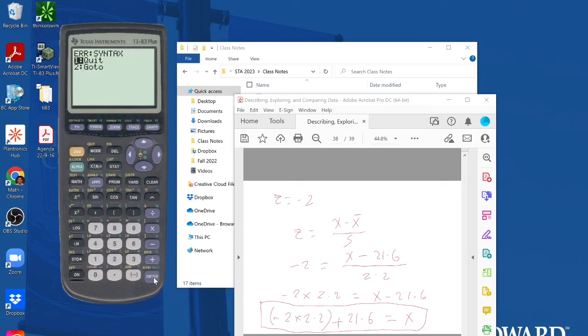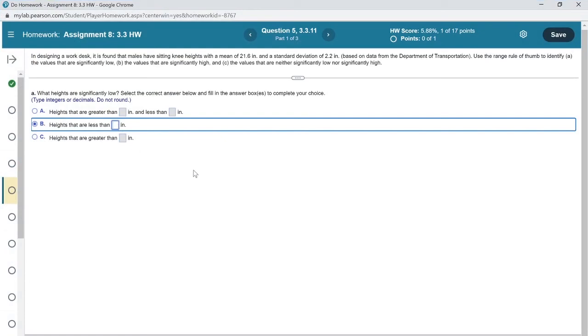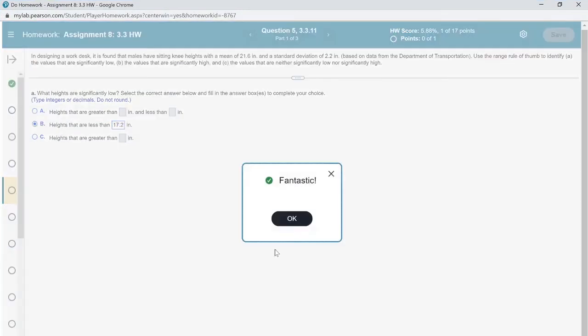Inside the parenthesis I have to use the negative sign key, that's why I got the error there. So 21.6 plus parenthesis negative 2 times 2.2 parenthesis close, that is 17.2. So anything less than 17.2, heights that are less than 17.2 inches, is significantly low.